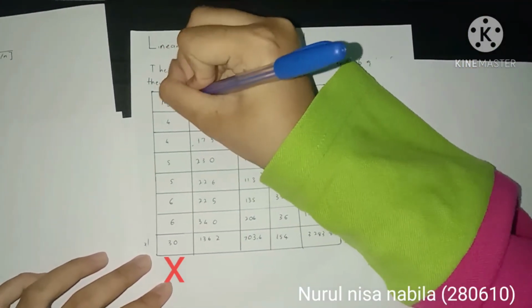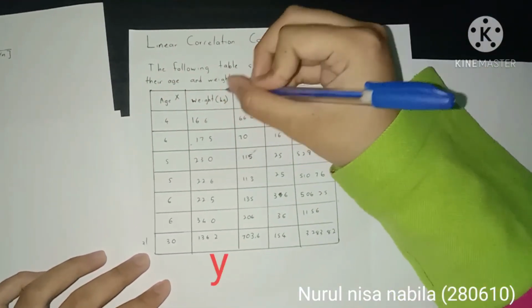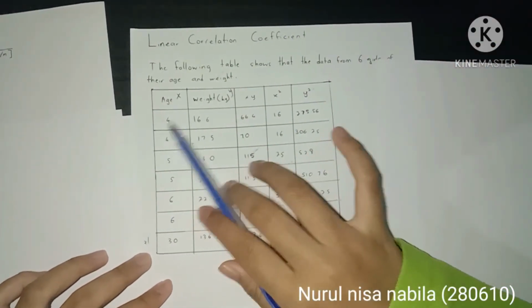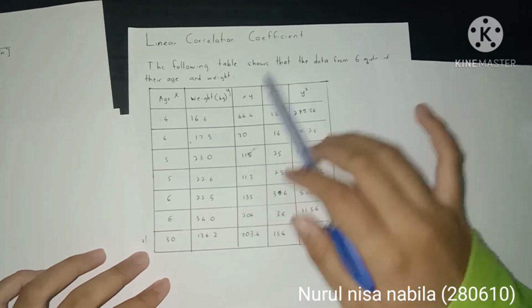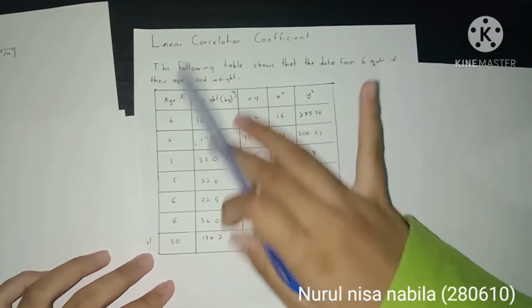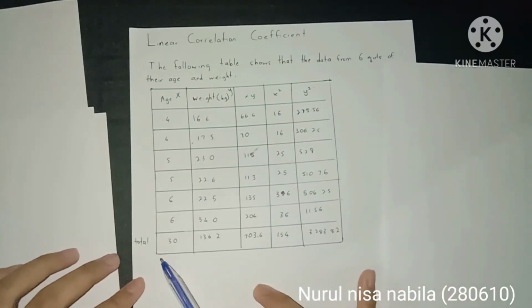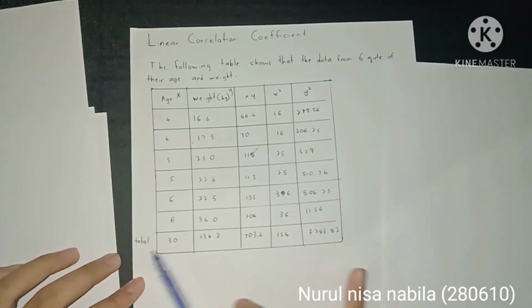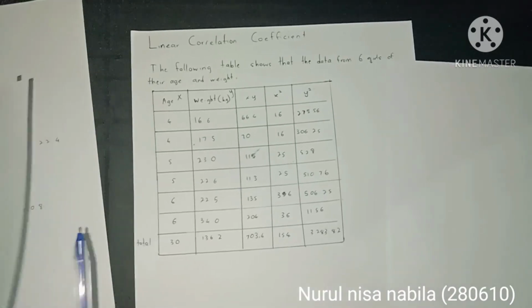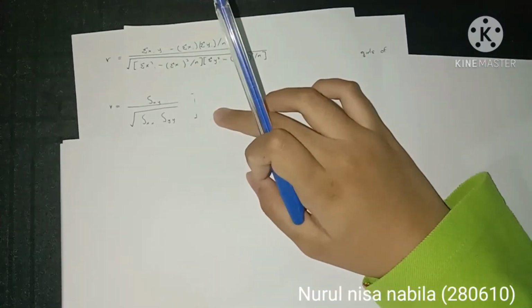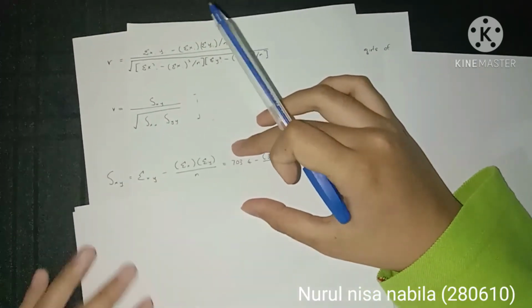Age I take as X and weight is Y. Just calculate 4 multiplied by 16.6, we get 66.4. The same goes with the other rows. And then don't forget to calculate the total of these. Then use the formula and calculate one by one.